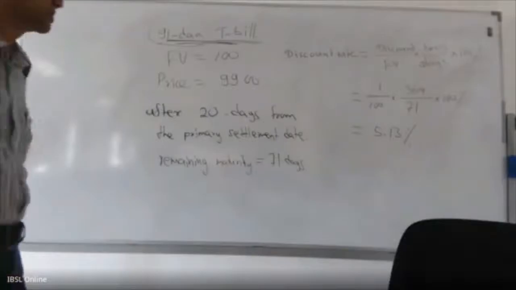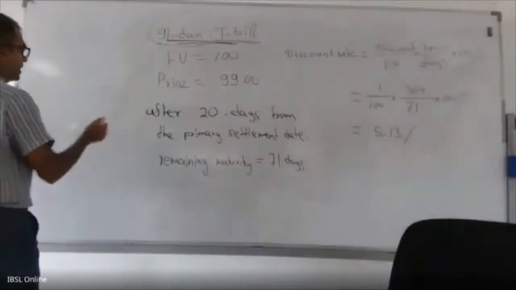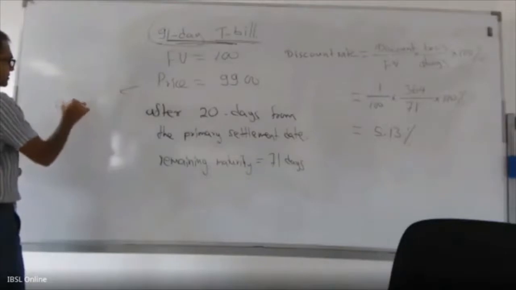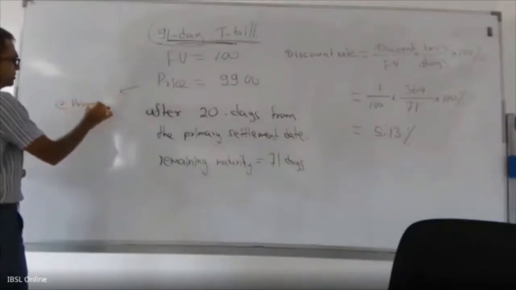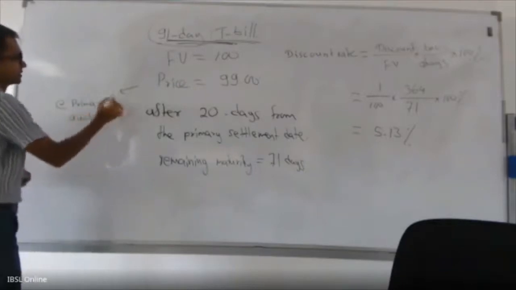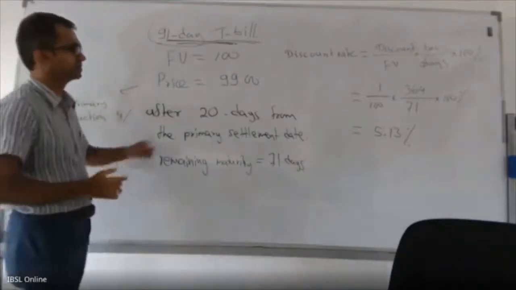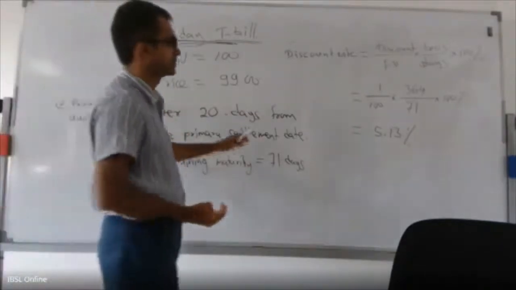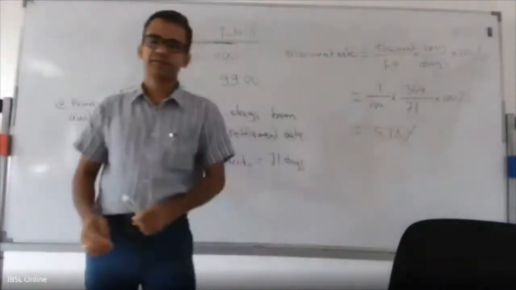Discount rate is the same. No. Now the discount rate is 5.13. Earlier at the primary auction, for the first time, it was 4%. So that's why you bought it at 99 rupees for 91 days. But after 20 days, it is 5.13. The remaining number of days is 71.